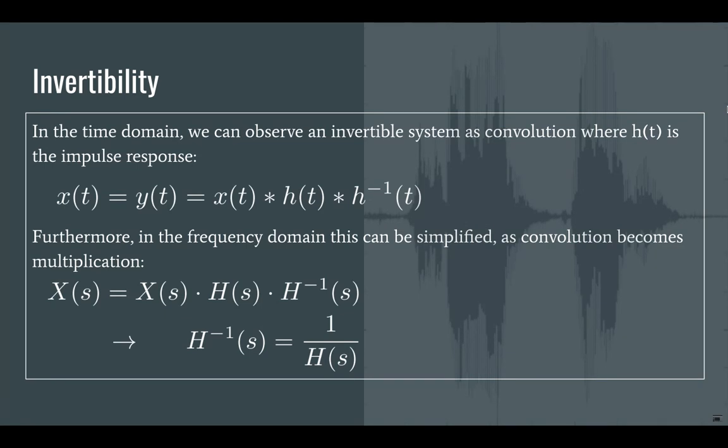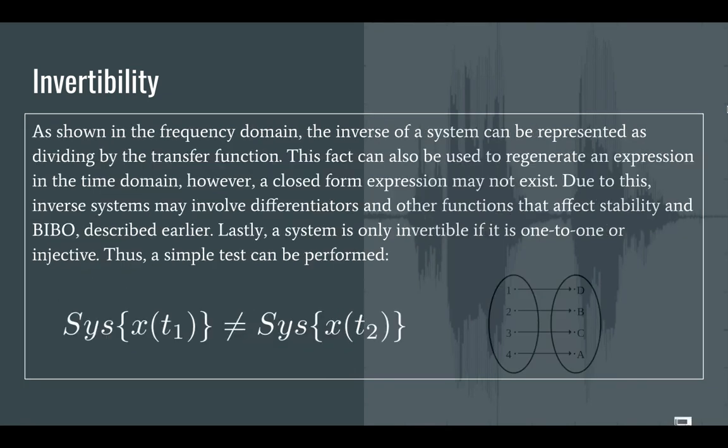In the time domain, we can observe an invertible system as convolution, where h of t is the impulse response. Furthermore, in the frequency domain, this can be simplified as convolution becomes multiplication. As shown in the frequency domain, the inverse of a system can be represented as dividing by the transfer function.